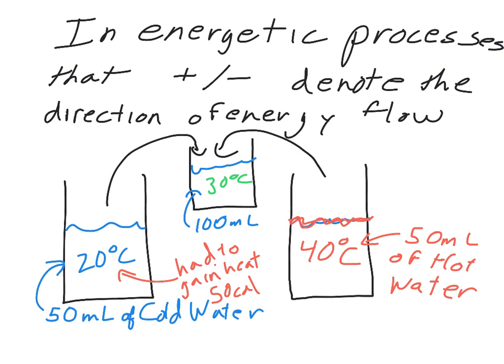Well, if it had to gain 50 calories of heat, what had to happen to our hot water? Our hot water had to fall to 30 degrees Celsius. How does something lower its temperature? It loses heat energy.